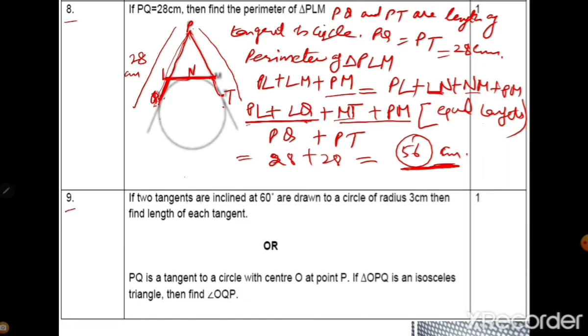If two tangents inclined at 60 degrees are drawn to a circle of radius 3 centimeter, then find the length of each tangent. So we'll draw here one circle, and two tangents are drawn.